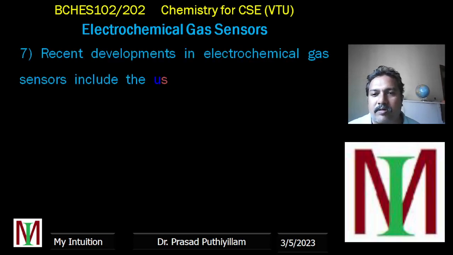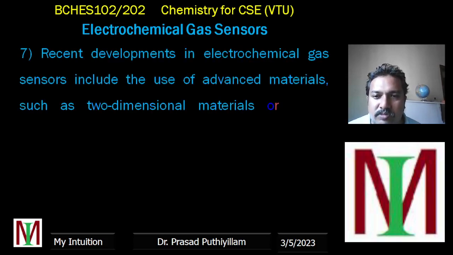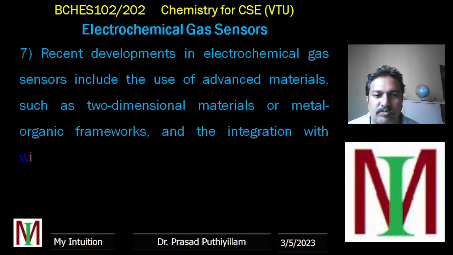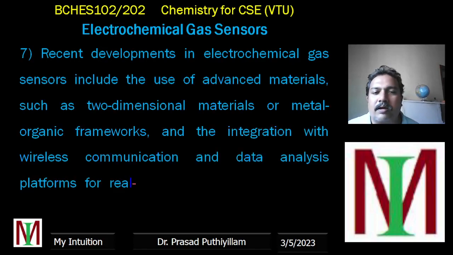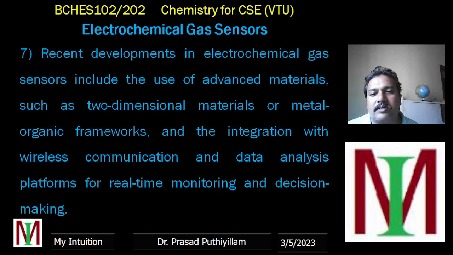Recent developments in electrochemical gas sensors include the use of advanced materials such as two-dimensional materials or metal organic frameworks, and the integration with wireless communication and data analysis platforms for real-time monitoring and decision making.